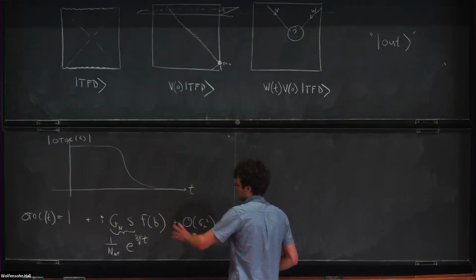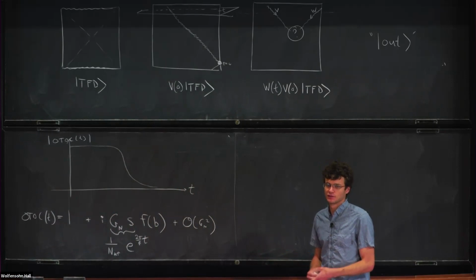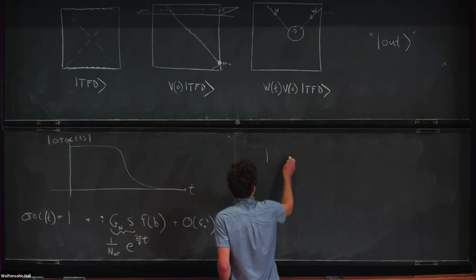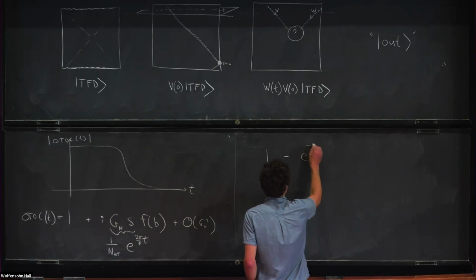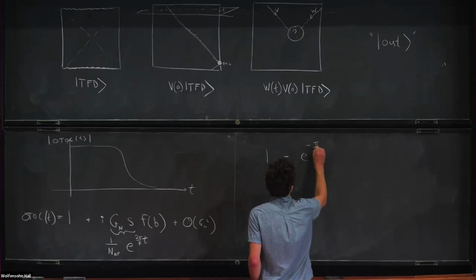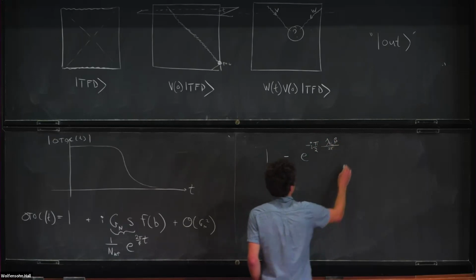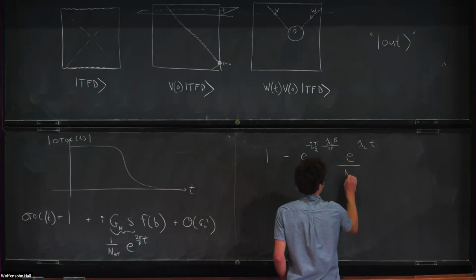If we studied the out-of-time order correlator in a more generic theory, like the SYK model at finite temperature or a stringy black hole, then we would expect to get something like 1 minus e to the minus i pi over 2 times lambda over 2 pi times e to the lambda t divided by N.